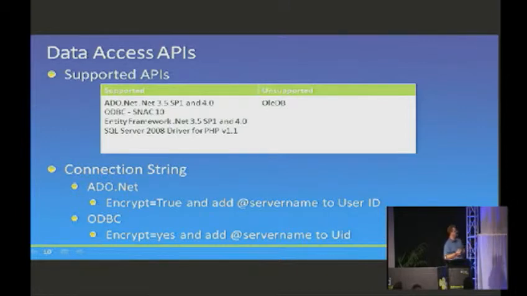As far as adding the @server name to the user ID, what we've seen is that some of the older versions of ODBC and ADO.NET haven't followed the TDS specification to the letter, and they don't send across the actual server name you want to connect to.